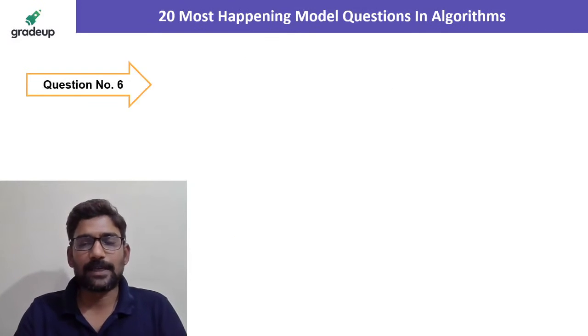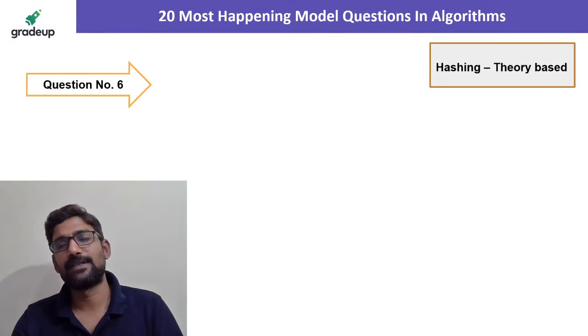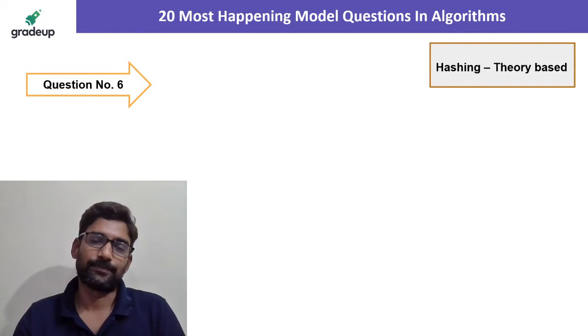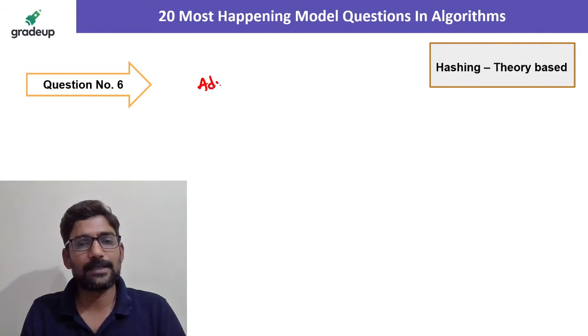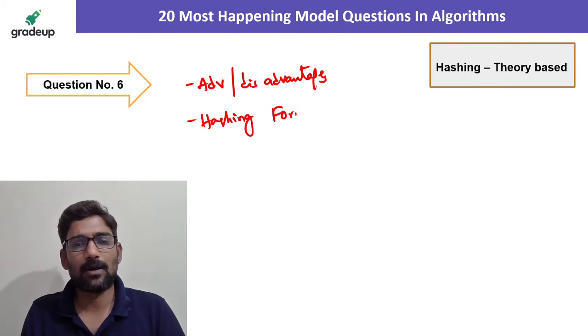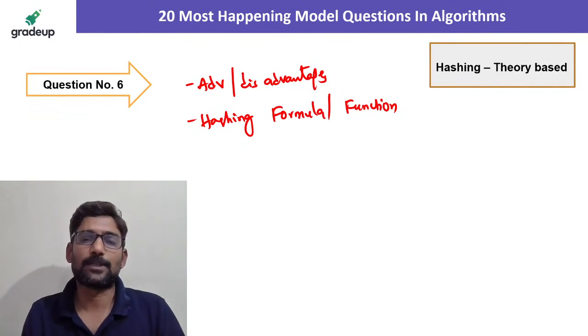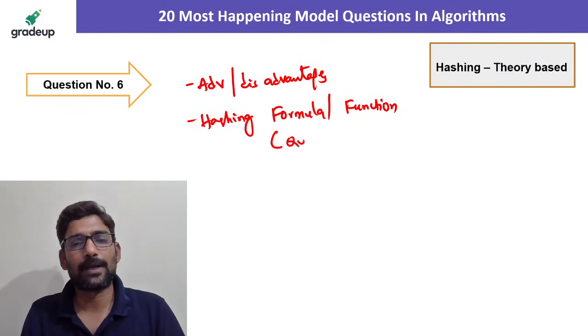Then the next model question is from hashing itself, theory based. Like advantages, disadvantages, or you are given the hashing function, especially for quadratic probing and double hashing.